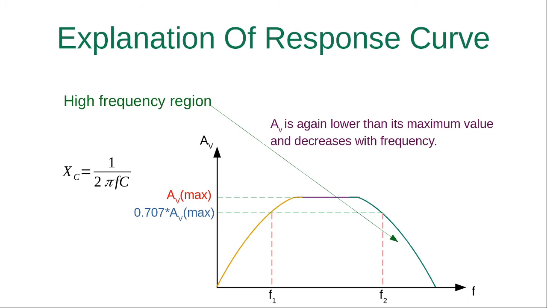The transistor parameters have frequency dependence. They decrease with increase in the frequency of the AC input signal. As a result, voltage gain reduces as frequency increases.